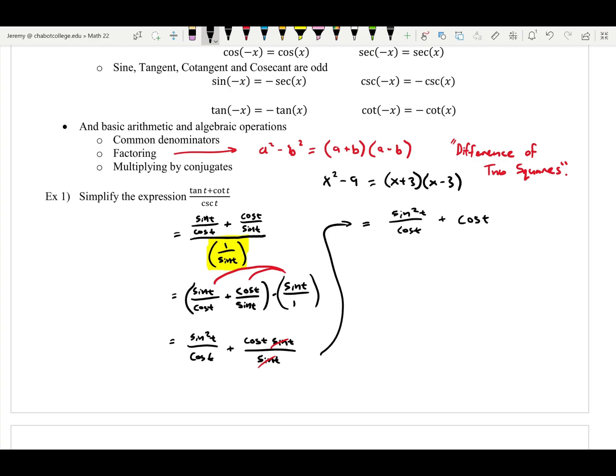Okay, from here, what can I try now? I do see that I have a plus sign between these two terms. I could possibly get common denominators and add these together and see if something nice happens. So how would I do that? Well, we have a denominator of cosine t over here, so I'm just going to multiply top and bottom of this over here by cosine t.